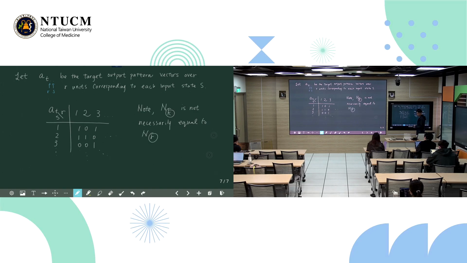This is input, this is output. Because we already said it has to be able to map anything to anything, there is no requirement that the output must have the same number of nodes as the input. Otherwise, it cannot be anything to anything.